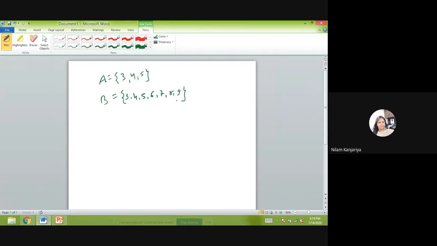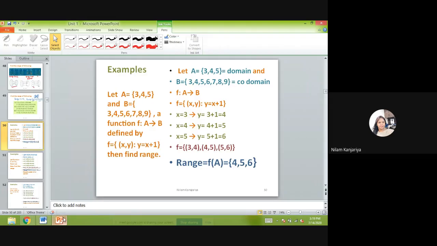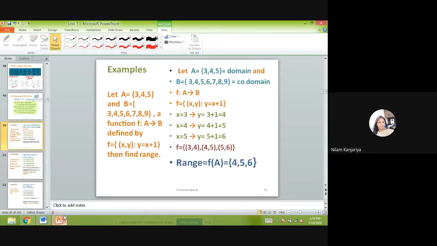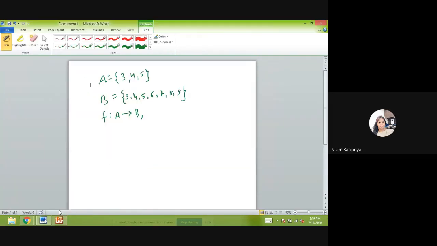The function is given like this, and the function is defined from A to B. The function is given as f of x, y, where y is equal to x plus 1. The function is in the form of the ordered pair x, y, and y is equal to x plus 1. Then you can find the value of x and find the range.